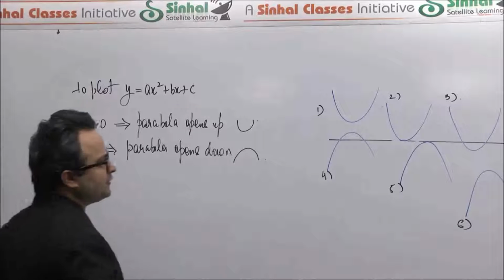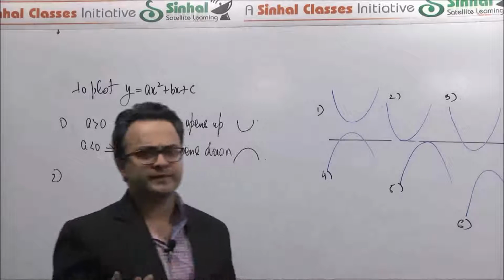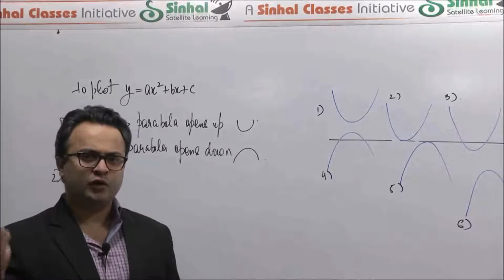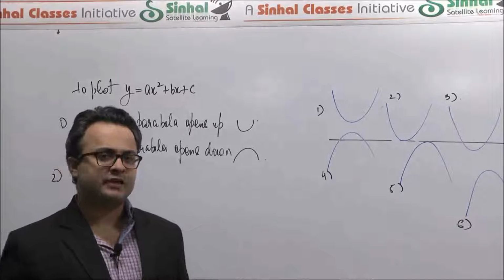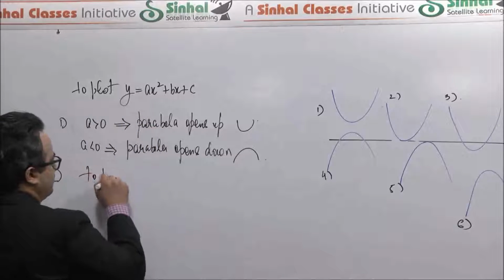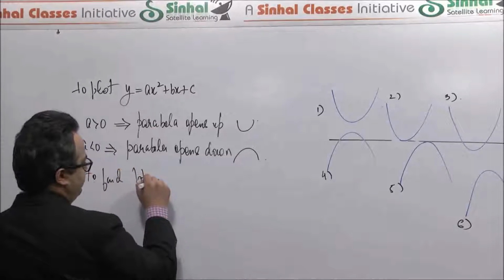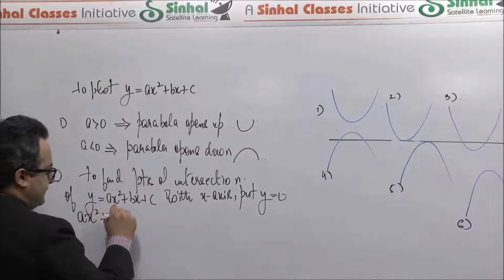First of all, one basic observation is that all the 3 cases, 1, 2, and 3, essentially differ with respect to the number of points of intersection of the graph with the x-axis. And if you want to talk about the points of intersection with the x-axis, you have to put y equal to 0. Once I put y equal to 0, I'll get a quadratic in x.